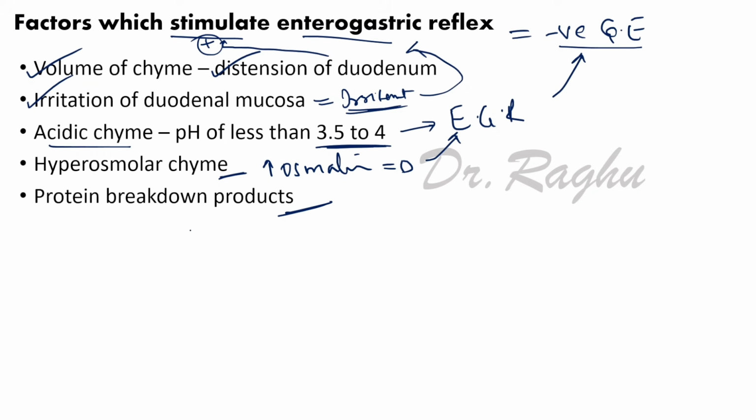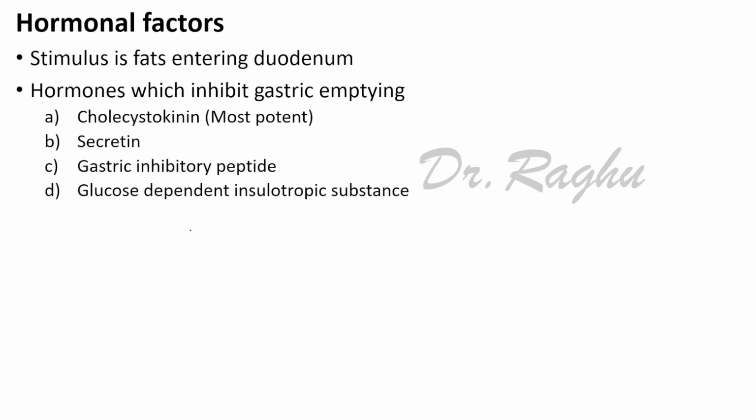So all these are the factors which are indirectly going to inhibit the gastric emptying via the stimulation of a reflex which is called the enterogastric reflex. Now there are also some hormonal factors which can inhibit the gastric emptying, and for all these hormonal factors the stimulus is the fats which are entering into the duodenum.